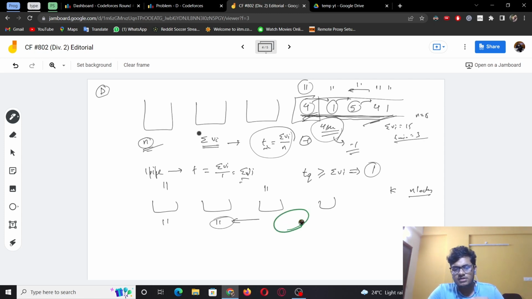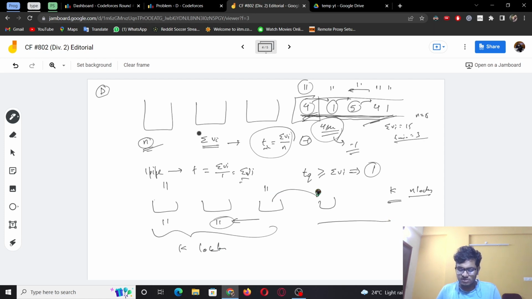So it's ideal that we have all the pipes on the left, because water can't overflow from right to left, it always has to go from left to right. That's why optimally we will fill all the pipes to the left ones. So if we have k pipes, they will supply the first k locks, and the next n minus k locks will get filled by overflowing from here.